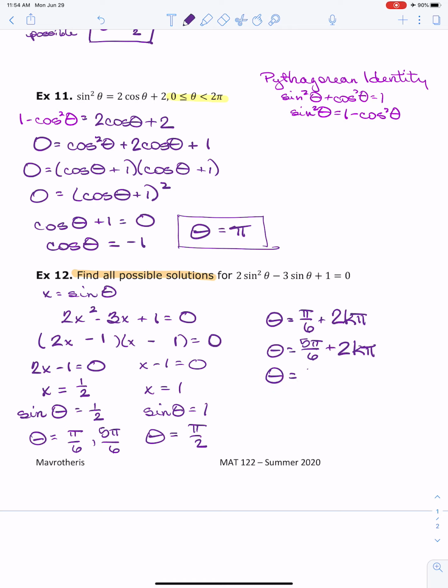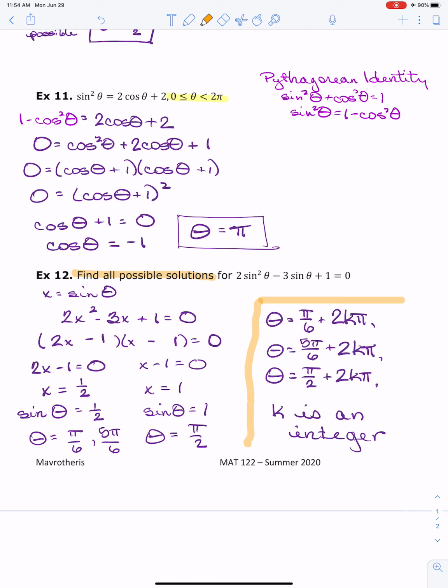Or theta equals pi over 2 plus 2k pi. And in all of these instances, k is an integer, and we've got to be specific about that. And so when we're asked for all possible solutions, keep in mind that anytime we go around the unit circle again, we are going to have another coterminal angle that is going to solve this equation.